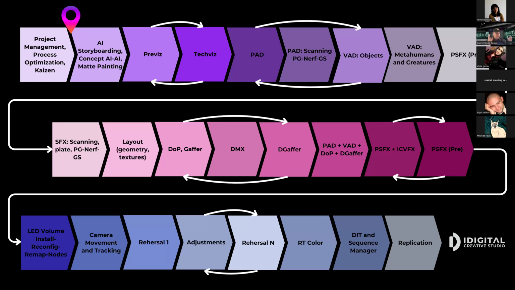Because usually the CGI, the computer graphics, and the backgrounds with green screen were part of post-production. But now, because it's real time, because it will happen exactly in the moment you're shooting, it becomes part of production. And because you should plan ahead with a lot of precision, also the design of your environment is part of the pre-production process. So the three stages merge into one, and that's very important to understand.